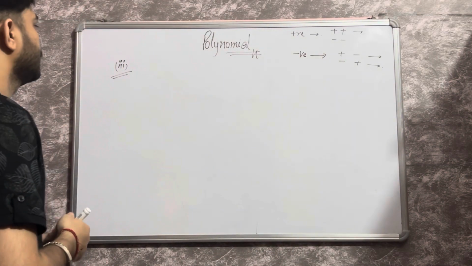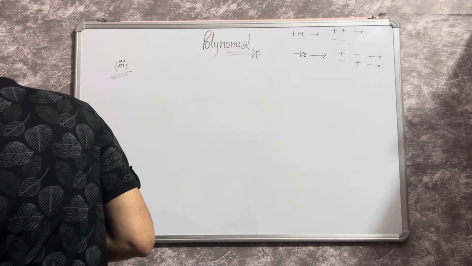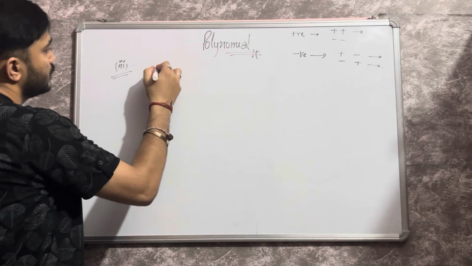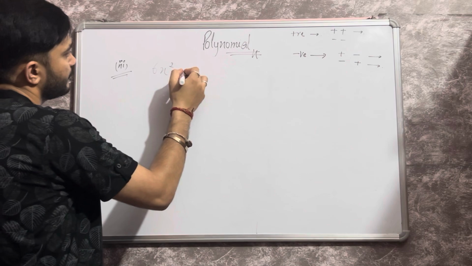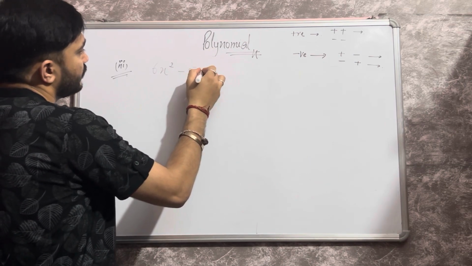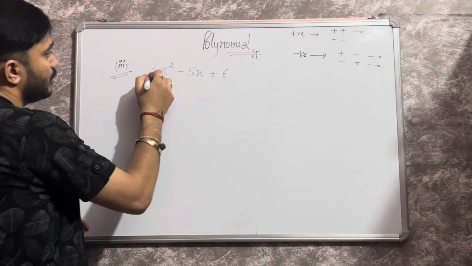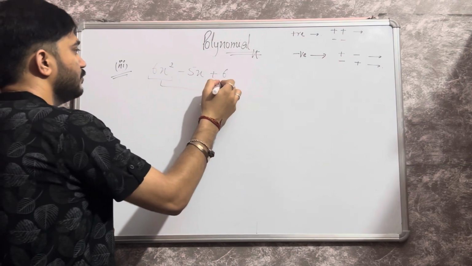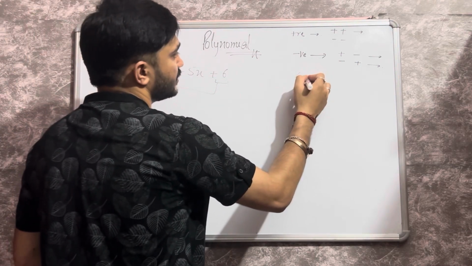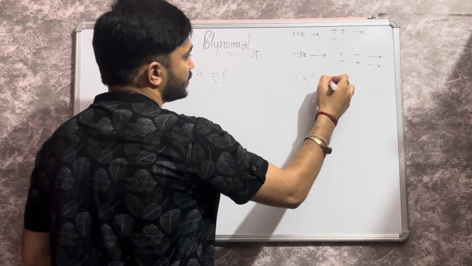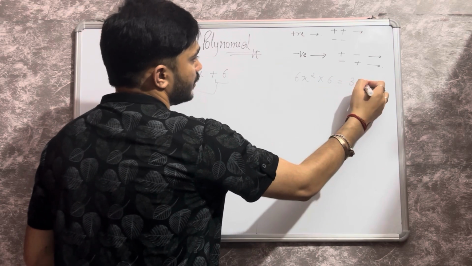What if the question given to us is 6x square minus 5x plus 6? So we are going to multiply the first number with the last one. It will be 6x square multiplied by 6. You will get 36x square.